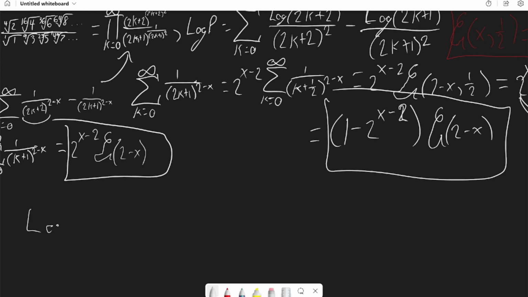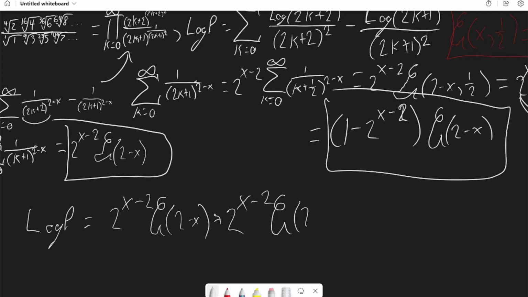Log of p equals 2 to the x minus 2, Riemann zeta 2 minus x, plus 2 to the x minus 2 times Riemann zeta 2 minus x.